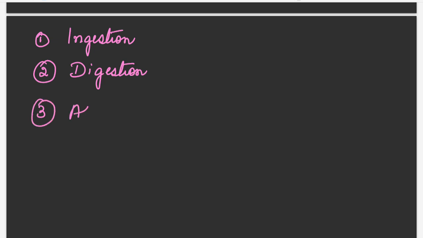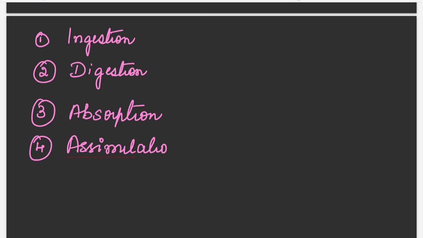Third step is called absorption. Fourth step is called assimilation. And fifth step is called egestion. So these are the 5 steps which are involved in the nutrition of amoeba.